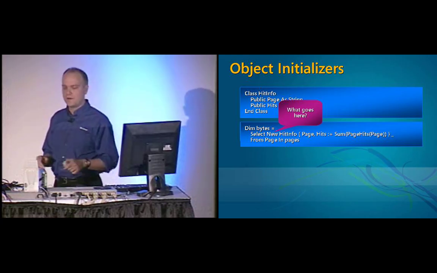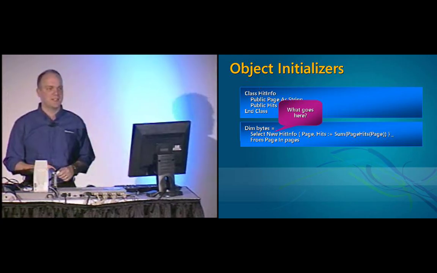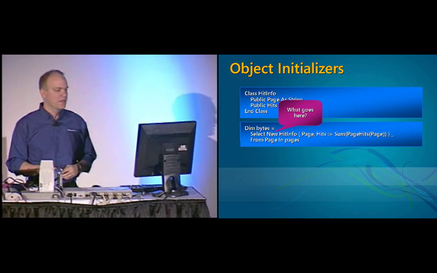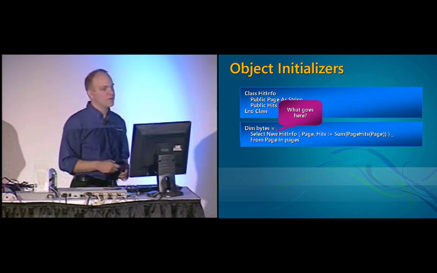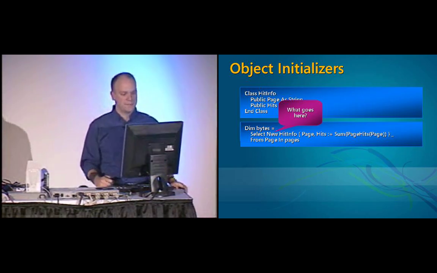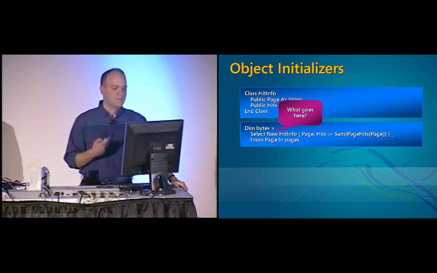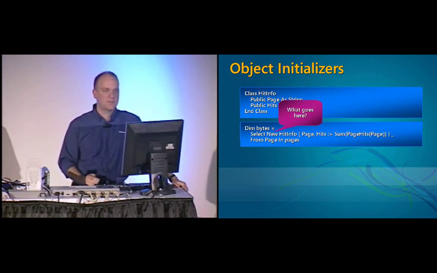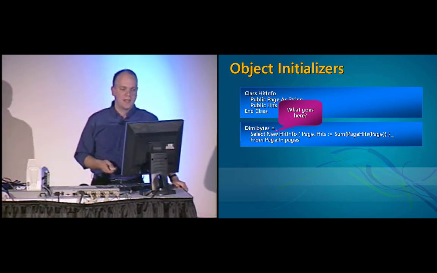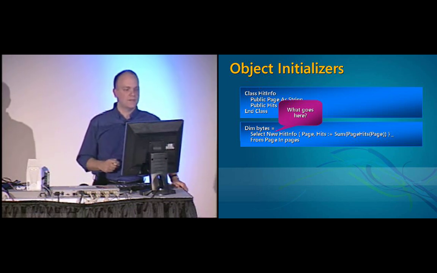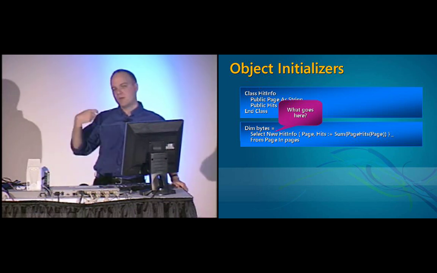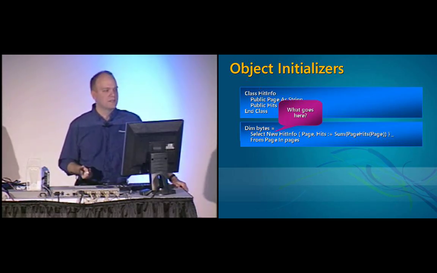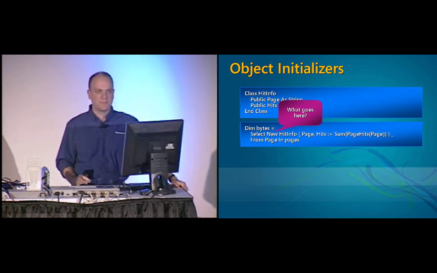So now let's take a little more of an advanced case. I showed you some of the basic query operations. And here again is an example query from the demo that I was doing. Now, I just did select page and the hits, but let's say instead I have this class called hitInfo. It's a class that I'm going to pass off to some other component that I'm going to save or something like that.